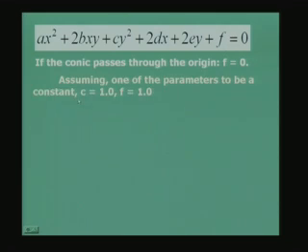Assuming one of the parameters to be a constant, say c is equal to 1, okay, or f is equal to 1, whatever, but of course, f can be also visualized to be 0 either by assuming the conic section to pass through the origin, or we can move the curve such that the curve passes through the origin, or the origin can be moved to a point on the curve. We have done this in cases when we were drawing lines, circles and ellipses using Bresenham's integer algorithm.